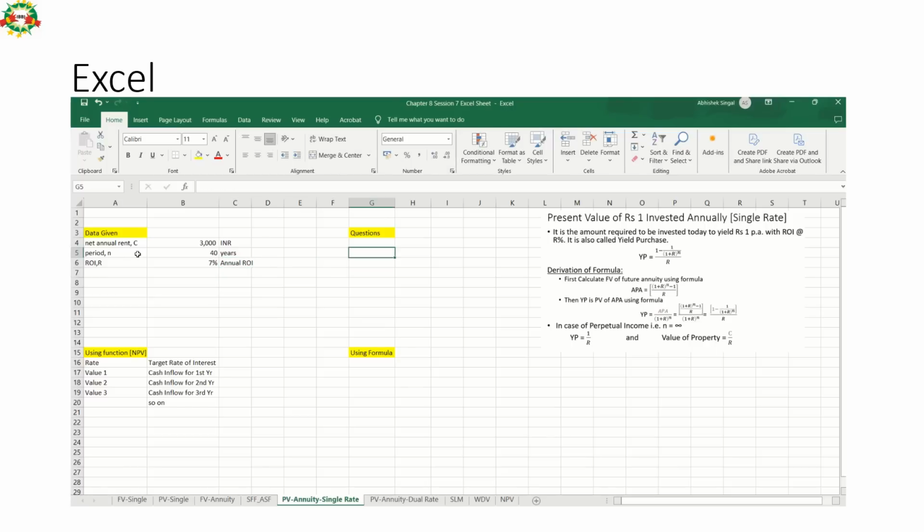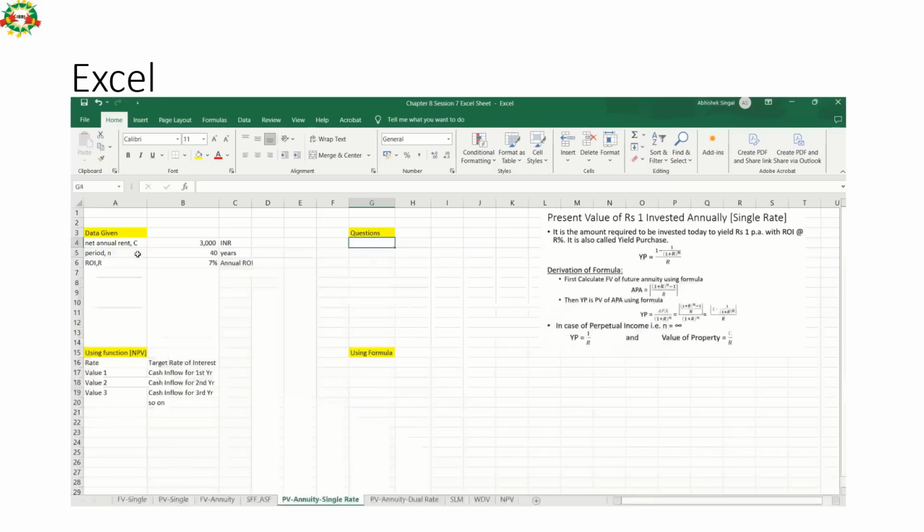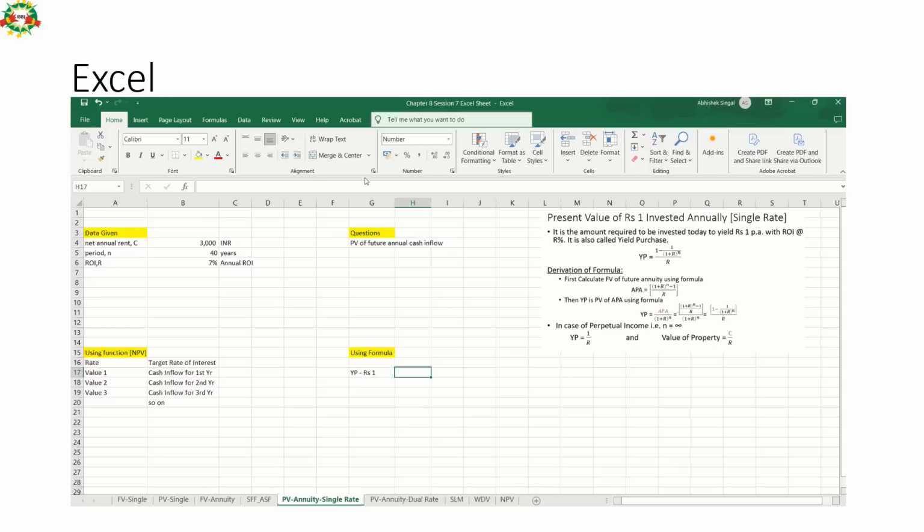Now what you have to calculate? Present value of future annual cash inflow. So if we calculate using formula, let us first calculate year purchase of rupees 1. If you enter these values into this formula, what is that?